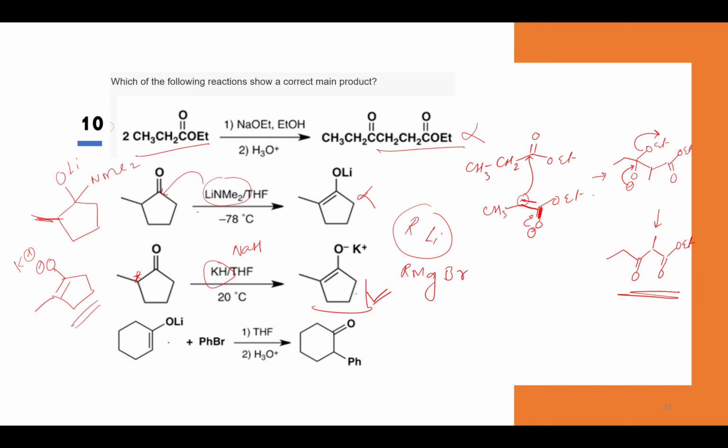Now let's talk about the last one also. Here we have this intermediate, OLi enol, we can say, and the phenyl group; this O minus will attack on this group to get the product.